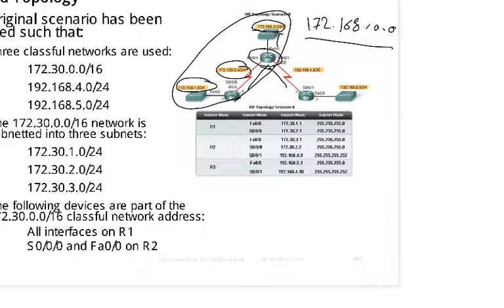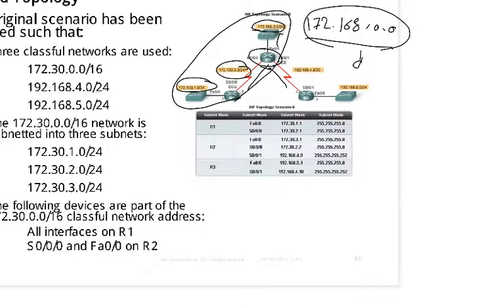Because it uses a subnet mask. Okay? So RIP uses the boundary router to summarize all these subnet addresses into an address which is classful.